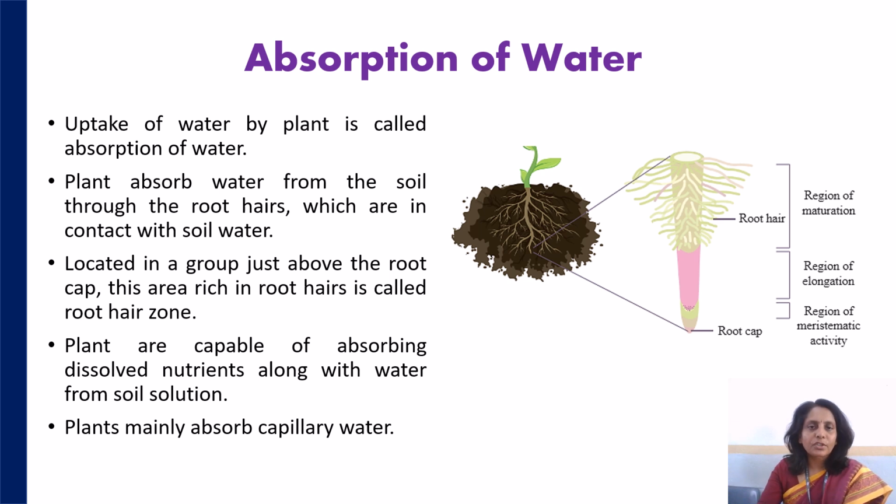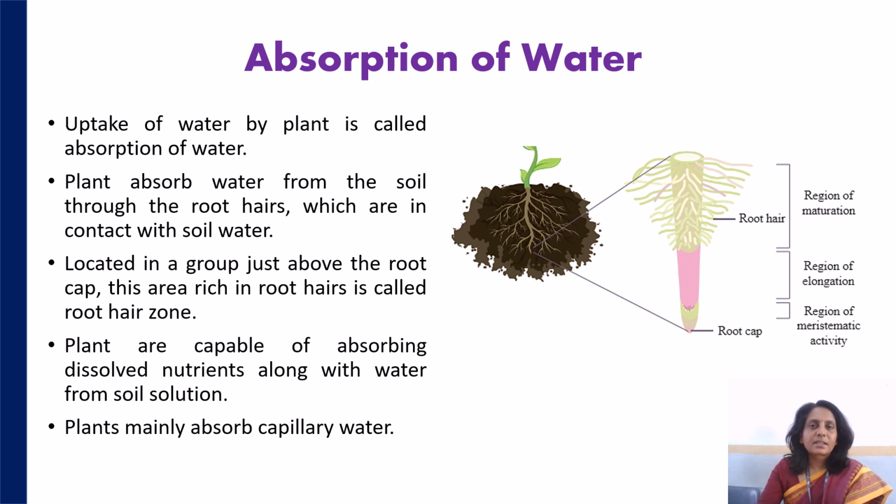Plants absorb water from the soil through the root hairs, which are the only structures which come in contact with soil water. That water which is available for the plant is the capillary water present in the ground.